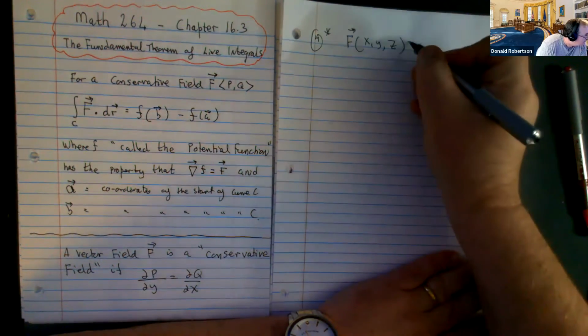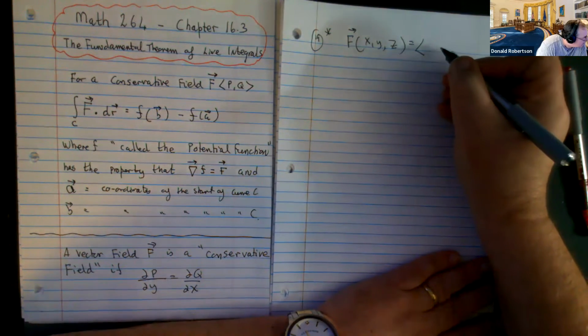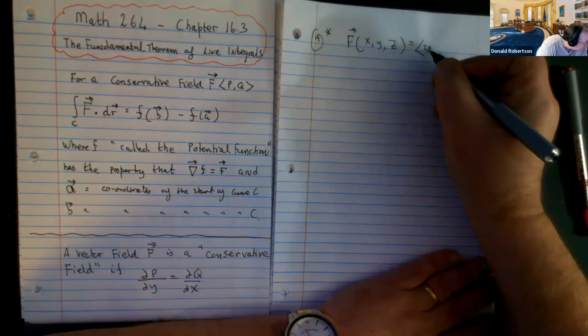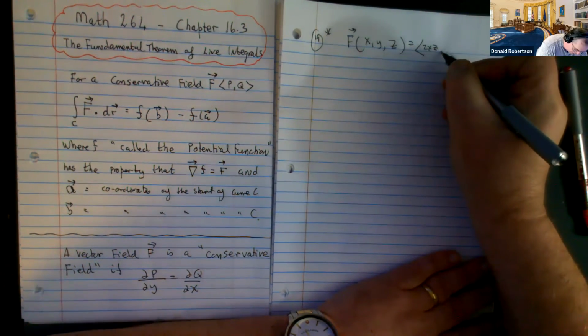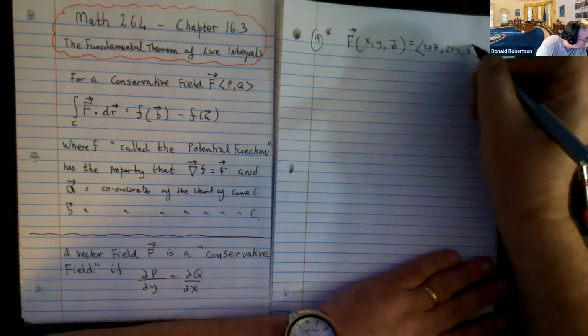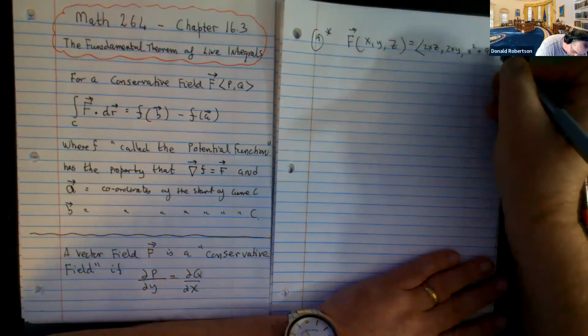And it's 2xz. Wow, okay. 2xz, 2xy, and x squared plus 9z squared.